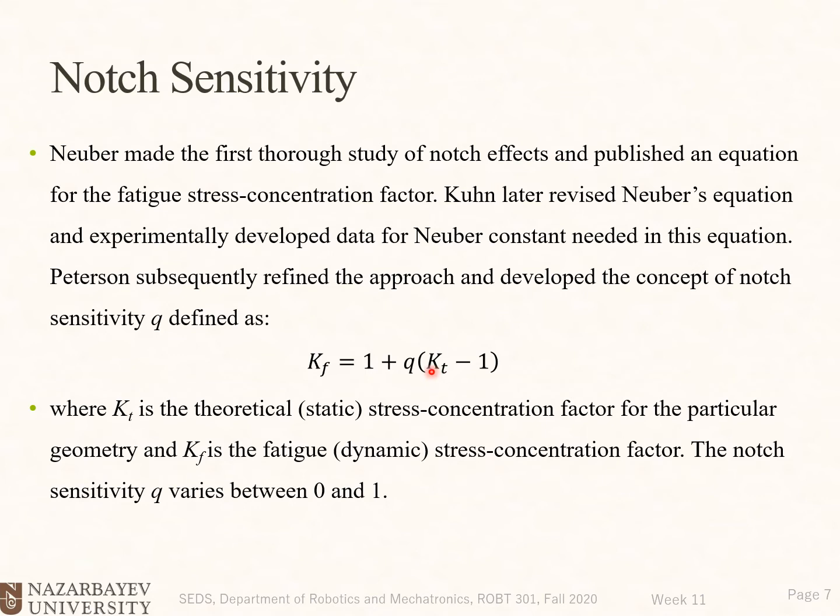So it varies from 1 to KT. 1 means that we don't have any stress concentration. And when Q is 1, it means that we have a static load, or the situation is similar to a static situation.